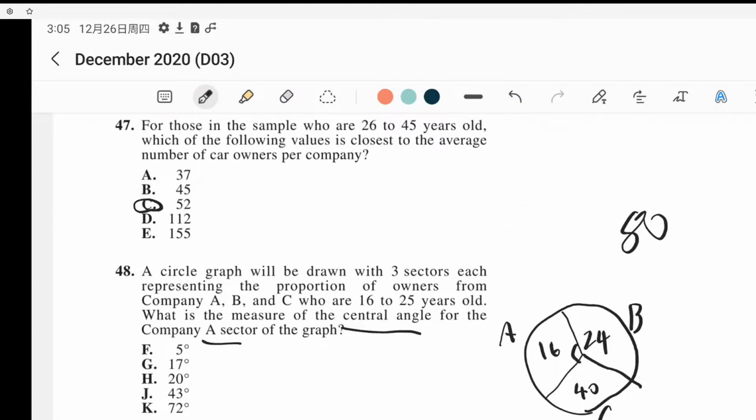Interesting question. So before solving this problem, we can see that 40 should be half of the 80 circle. So this will automatically be 180 degrees for section C. And B has more than A by a proportion of 24 over 16, which both are divisible by 4.